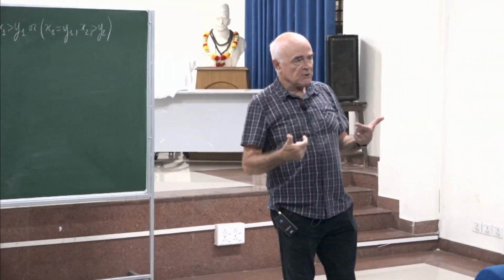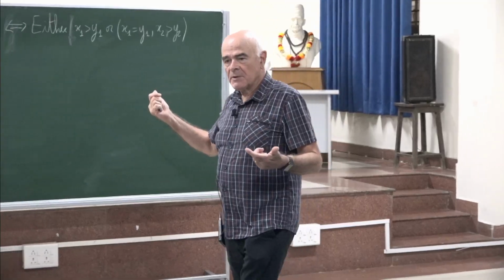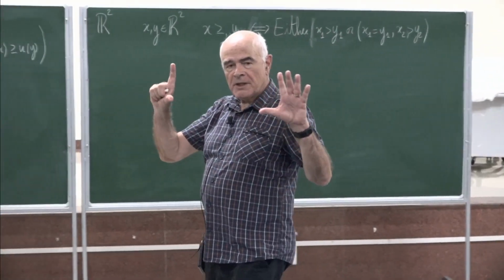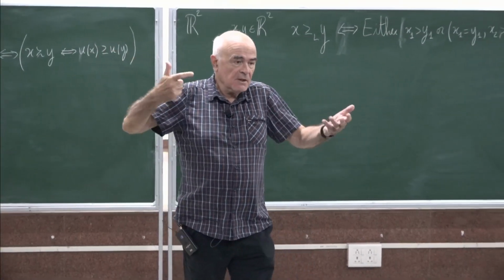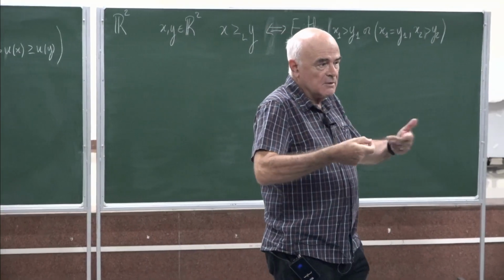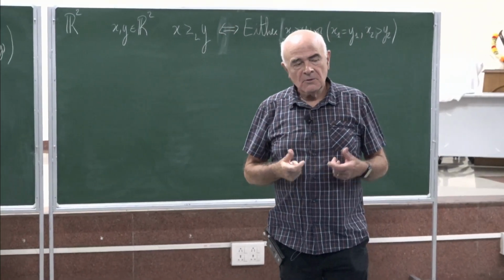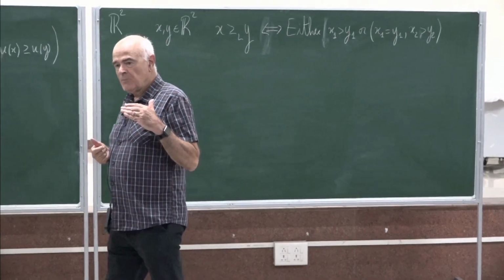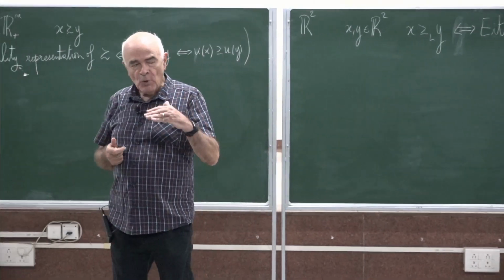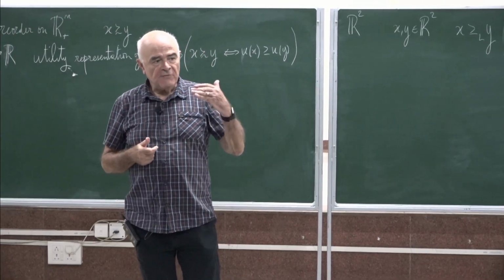So we order vectors, and this is the same in Rn. I mean, to compare two vectors, if they are the same, they are the same. They are related in whatever order. Okay? But if they are not the same, we look at the first component which is different.